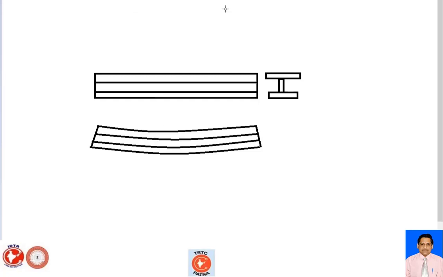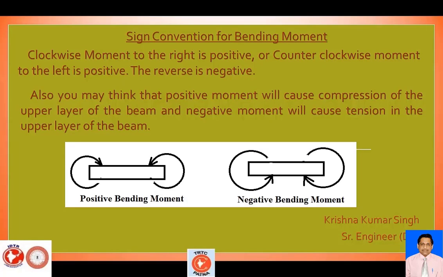And now this is our neutral axis. So here is the compression. As a compression, your bending moment sign is positive. And suppose there is tension in the upper fiber, this is the upper area, this side is basically your upper side, then your bending moment is for tension. So just write it down here.